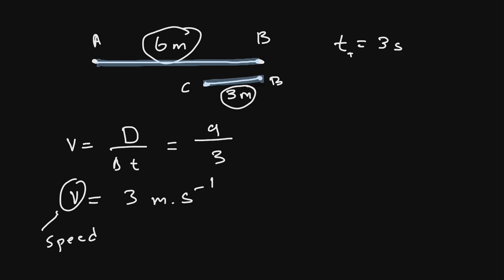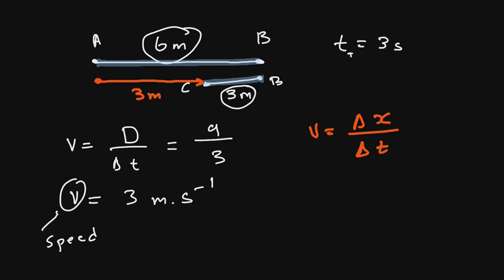So let's say, for example, we now want to calculate the velocity. Remember, the velocity is given as what? As change in displacement over change in time. So remember, the displacement is from the starting point to the finishing point. So if we get the distance from the starting point to the finishing point, we will see our displacement will be 3 meters.